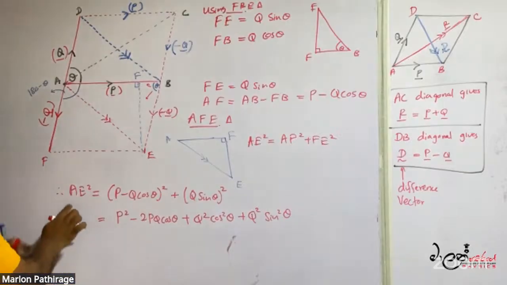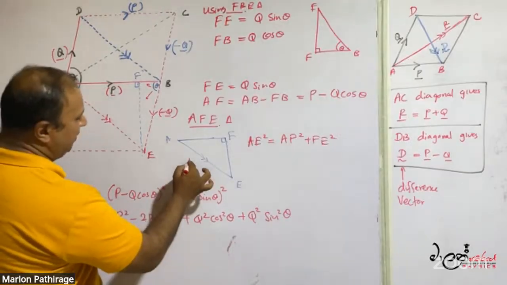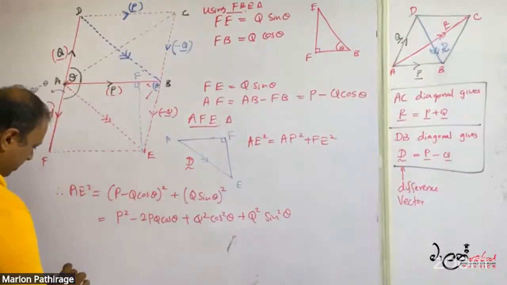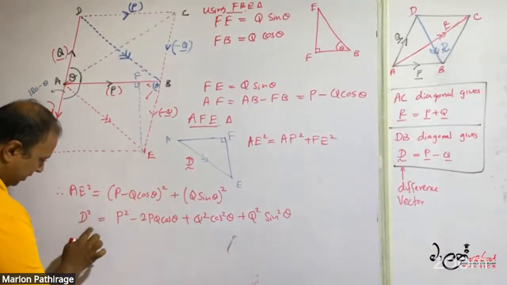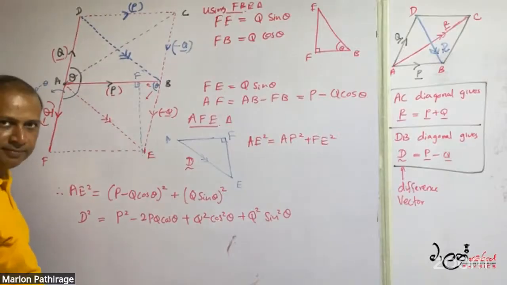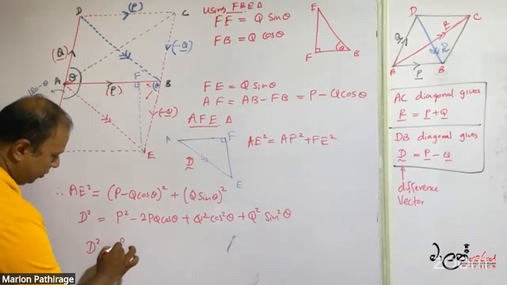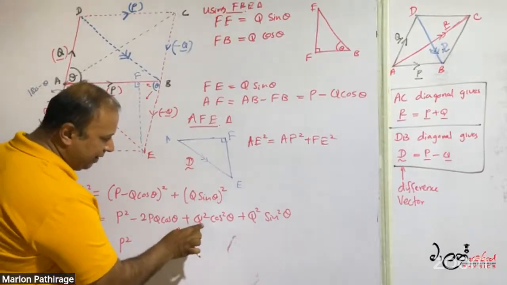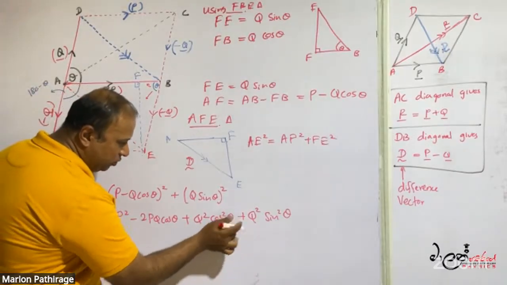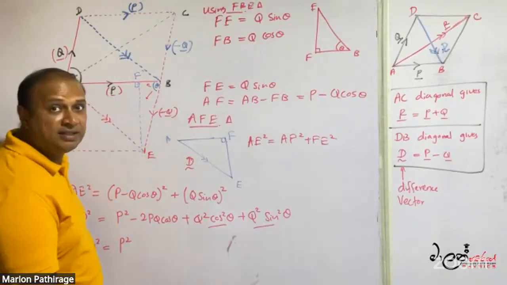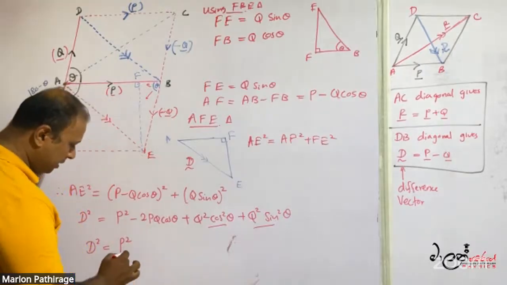Now it is very clear. AE means that is the difference vector. Therefore, D squared, the difference vector squared, is equal to P squared. Look at this. If you consider these two terms, Q squared is a common factor.